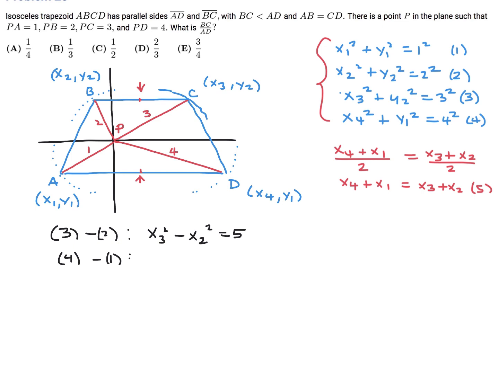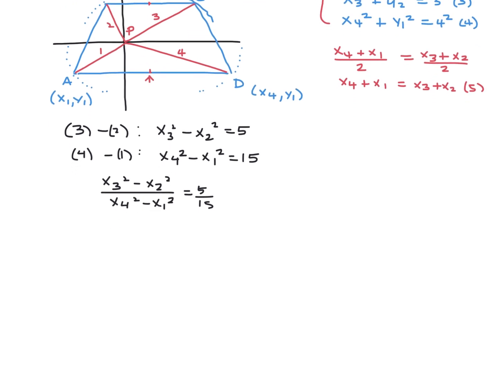And when I do that, I get x4 squared minus x1 squared is equal to 15. All right, so I think we're getting somewhere, at least. And then we'll divide these two equations. So x3 squared minus x2 squared over x4 squared minus x1 squared is equal to 5 over 15.